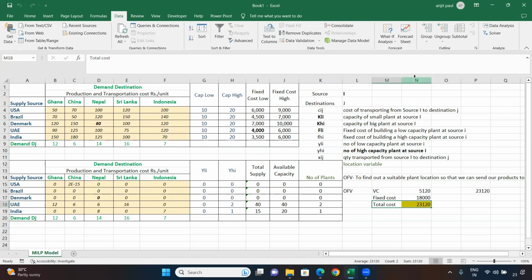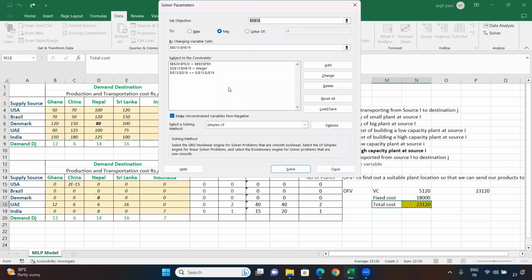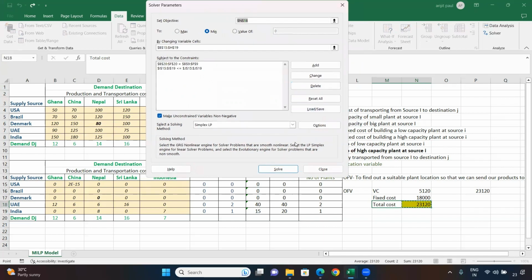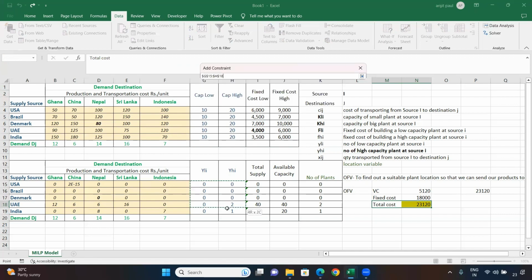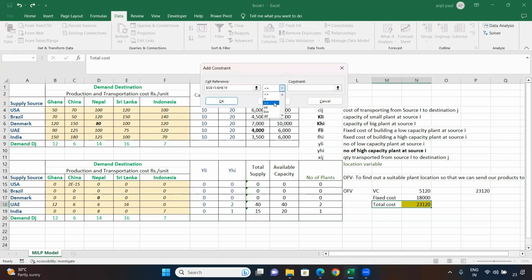Go to the solver, delete this integer part, that is not required anymore. Instead, first of all, this one needs to be binary, as only binary values will be applicable as per the constraint that we are going to add. That means only 0 and 1 will be applicable.